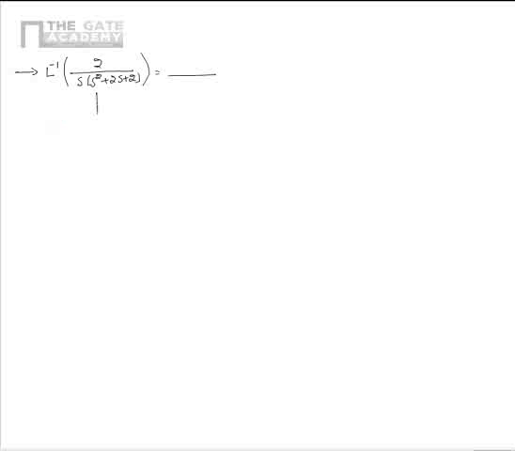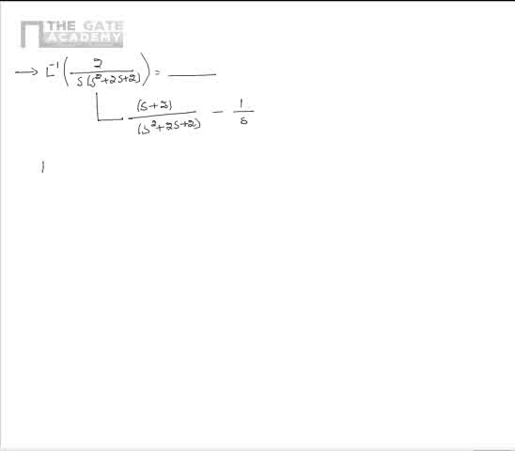Upon splitting 2 by s multiplied by s square plus 2s plus 2 into partial fractions, we get (s plus 2) divided by (s square plus 2s plus 2) minus 1 by s.